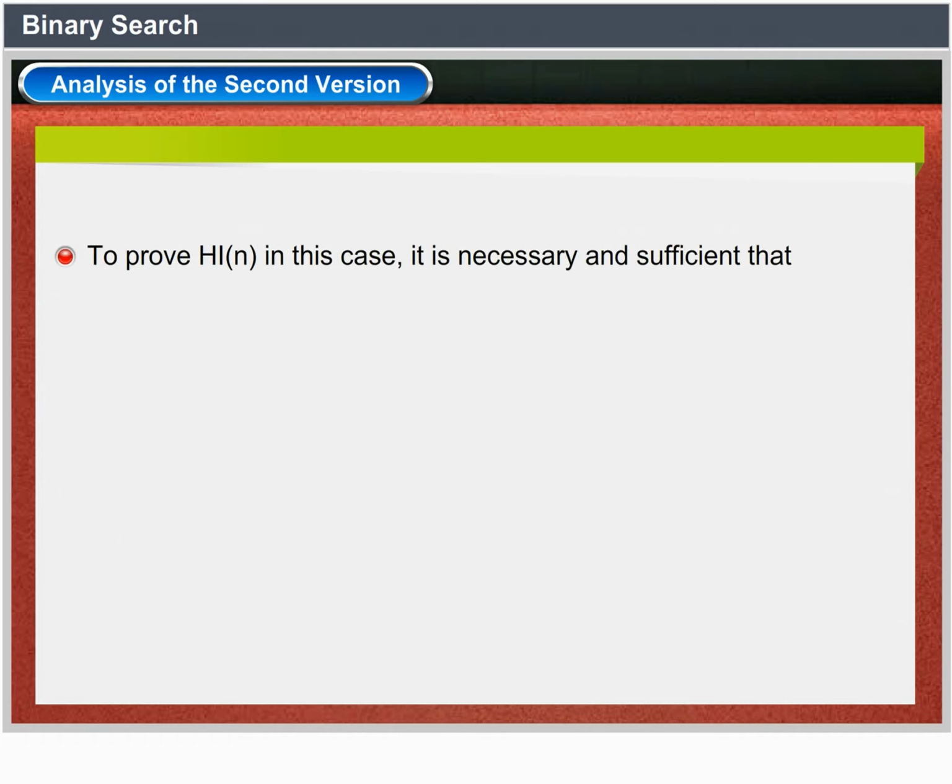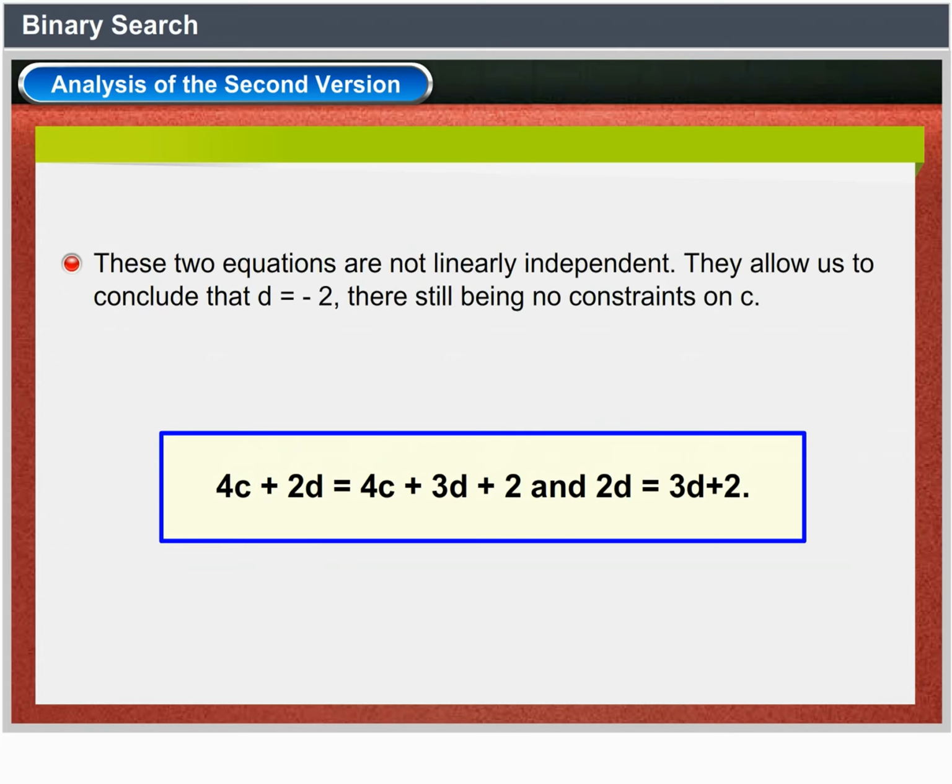To prove H(n) in this case, it is necessary and sufficient that what is shown in this figure holds. That is, 4c + 2d = 4c + 3d + 2 and 2d = 3d + 2. These two equations are not linearly independent. They allow us to conclude that d = −2, there still being no constraints on c.